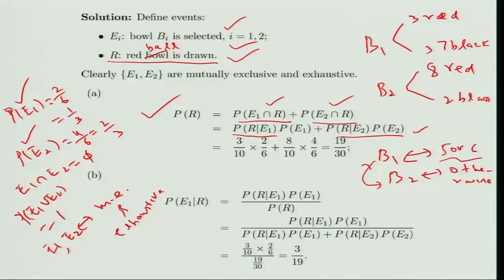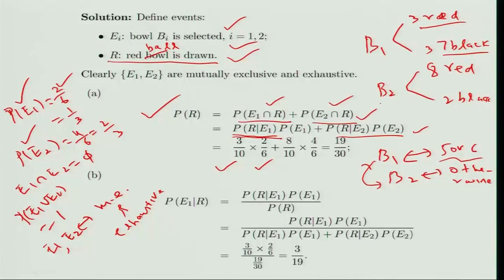Now once I am dealing with probability of R given E1, it says my bowl B1 was selected. Bowl B1 has 3 red and 7 black balls. So the probability of getting a red ball is 3 by 10. Then what is the probability of E1? We have already seen 2 by 6. So that comes over here.